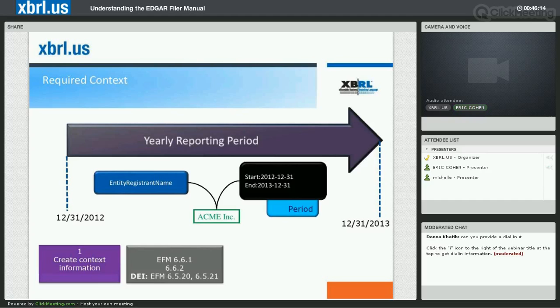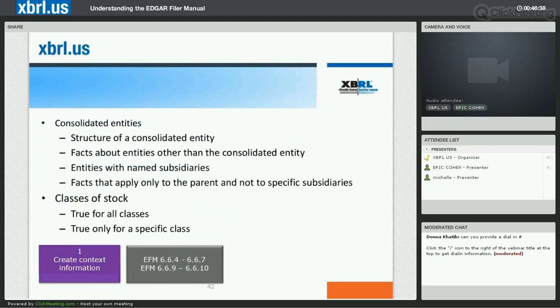So the required context are special context with the beginning and ending date of the reporting period, and things like the entity registration name and other very key things go to this context known as the required context. So driven by 6.6.1, 6.6.2 with document and entity information required fields in 6.5.20, 6.5.21.